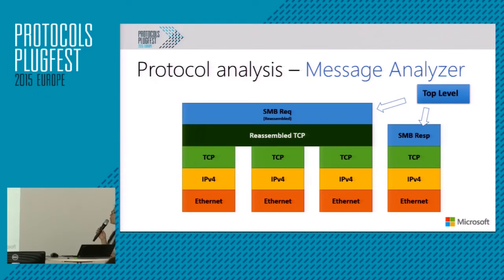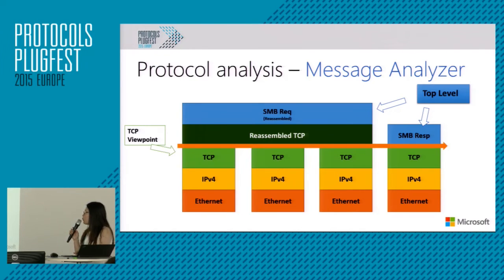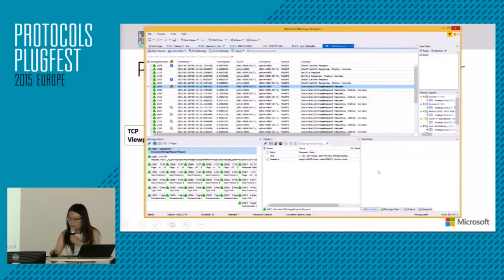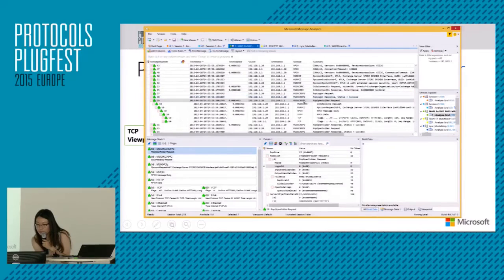But if you still want to see the lower layer like TCP or even further down, we have a way to do that with a viewpoint, which allows you to see everything just under the TCP layer, not the top level. So let me show you quickly. For example, this one.